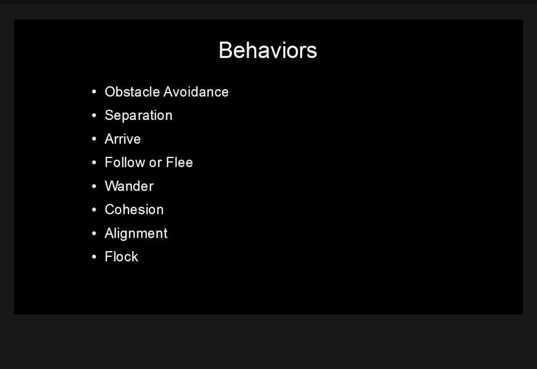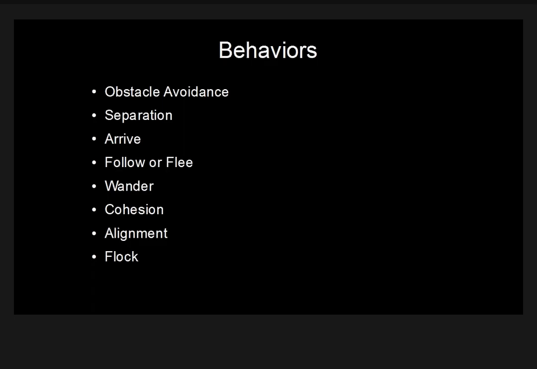We have the wander behavior. Wander behavior is just going around in space, no specific direction. We have the cohesion. Cohesion is used to build groups like flocking birds. We have the alignment.